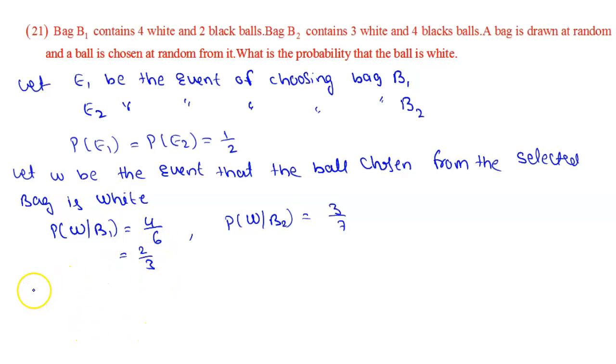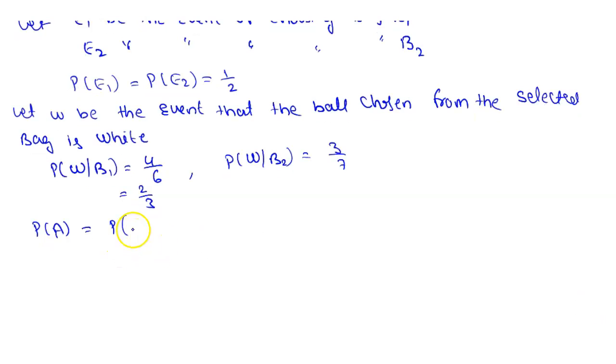Okay. Now we need the chance, that is A. That is the white ball. Now that one I am taking as A. So here P of A is equal to P of E1 intersection W union E2 intersection W. From two bags we need to take a white ball.